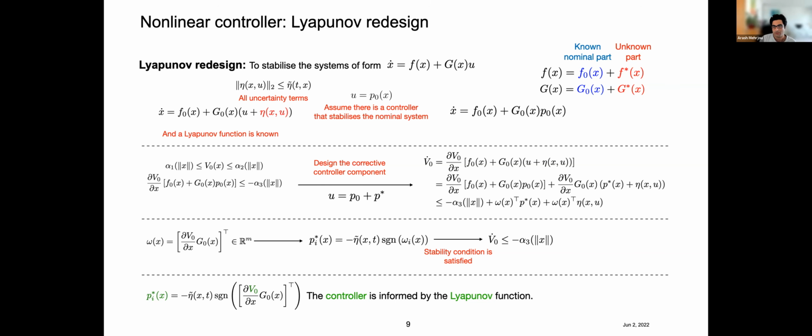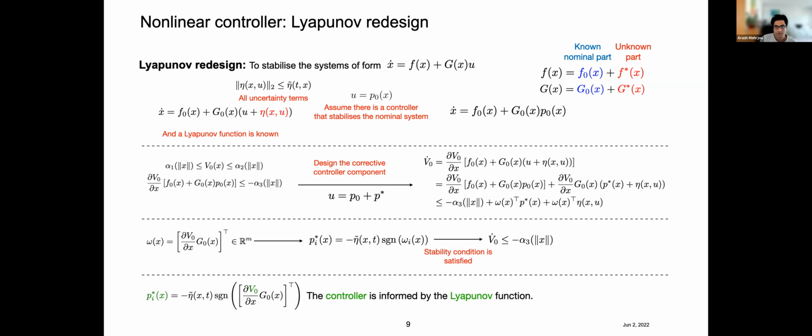To do that, we can calculate the time derivative of the Lyapunov function, and then we see that this unknown part, this eta part, appears in the right hand side, which is the upper bound of the time derivative of the Lyapunov function.